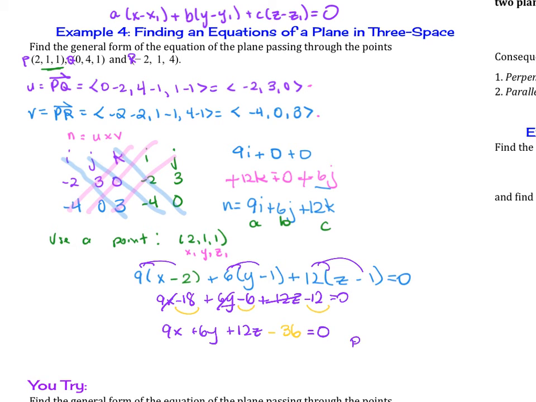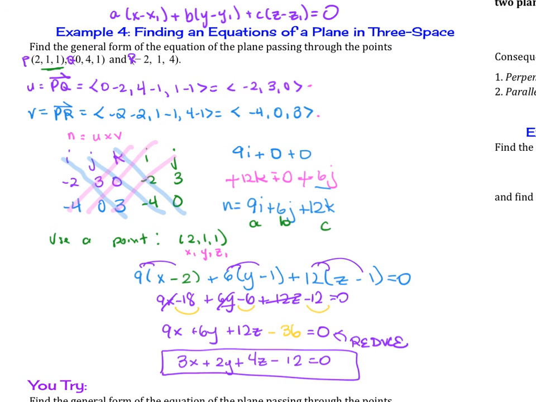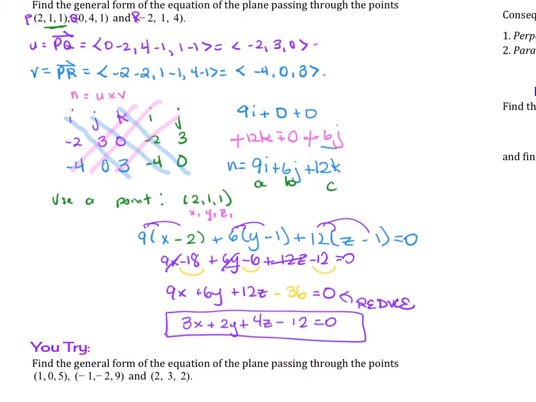We could reduce as well, so we can divide everything by 3. When we reduce, we get 3x plus 2y plus 4z, since 3 goes into 12 four times, and then 3 goes into 36 twelve times, equals 0. So there is the general form of the equation of the plane passing through these 3 points.